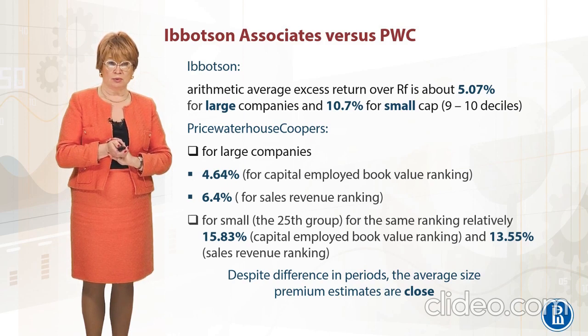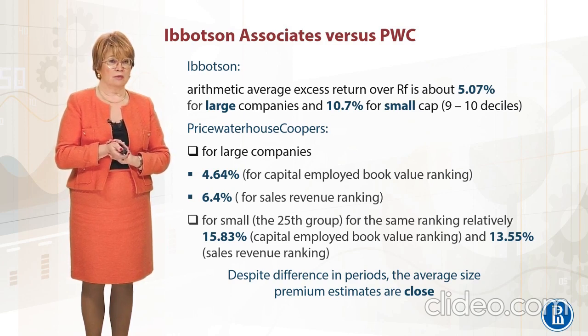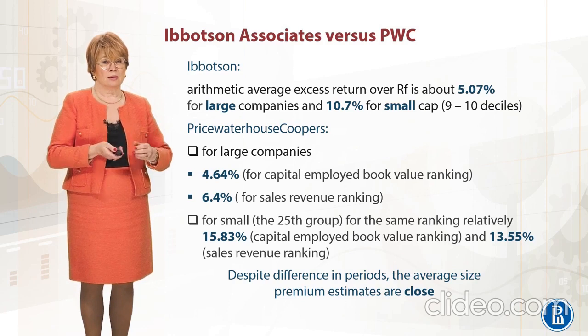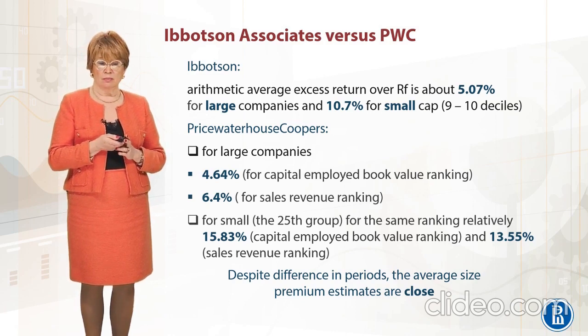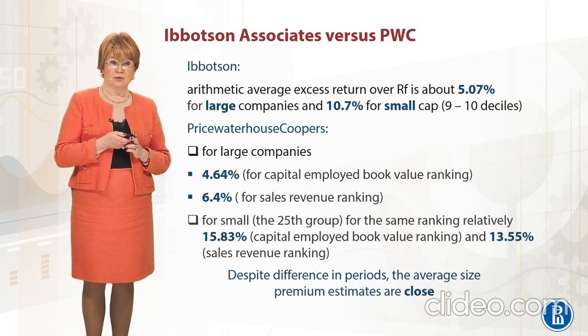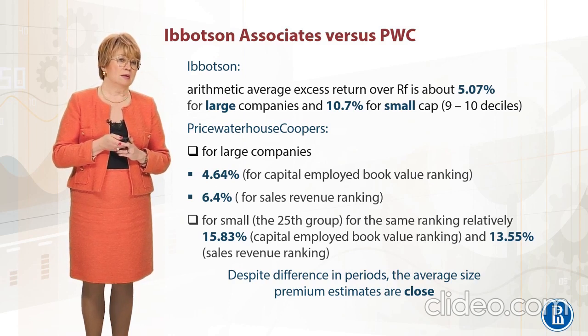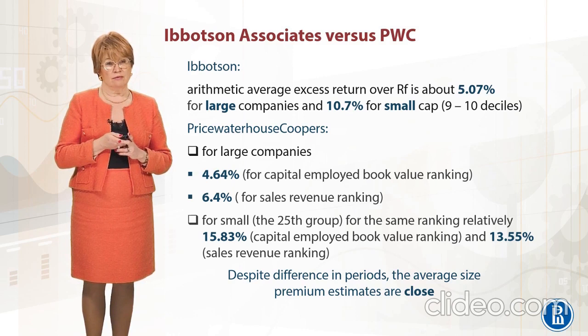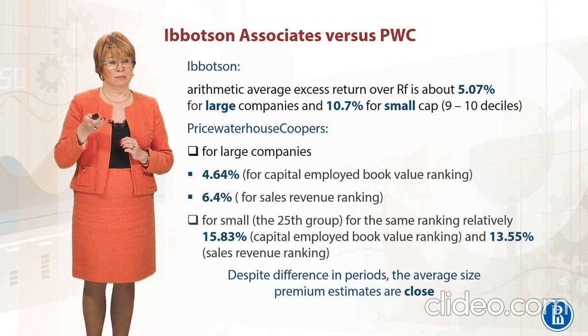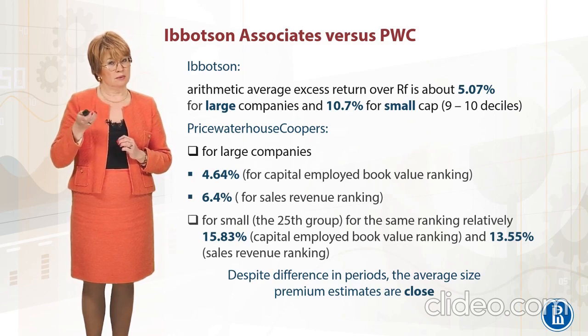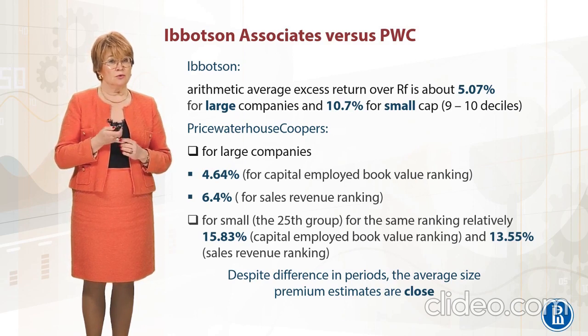As for PricewaterhouseCoopers data, when ranked by capital employed, book value ranking, and by sales revenue ranking, they, as you see here, have more or less similar values for the size premium, starting from 4.64 for capital employed and 6.4 for sales revenue ranking for the large companies, which is comparable to the 5.07 for Ibbotson Associates.